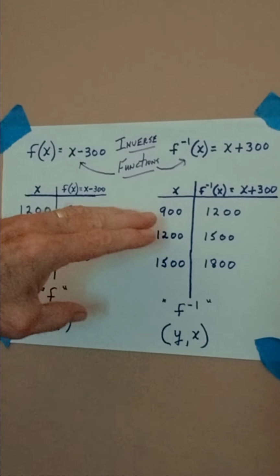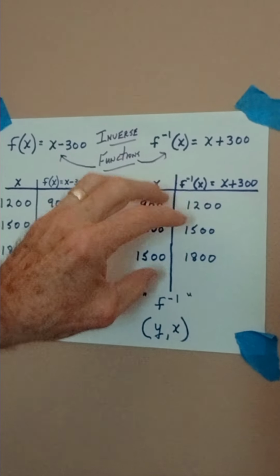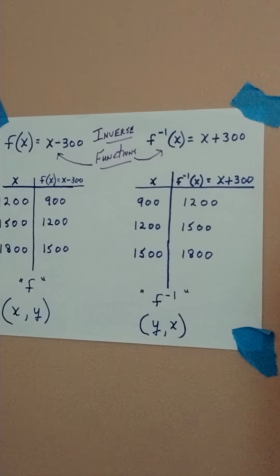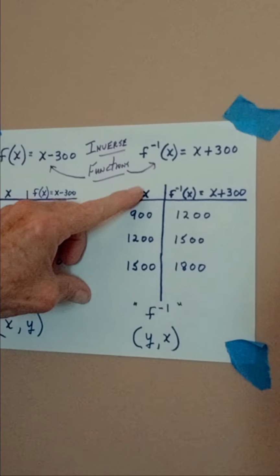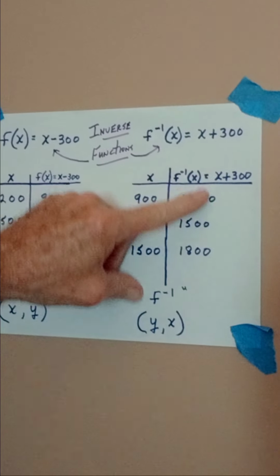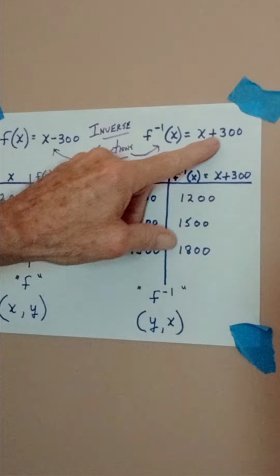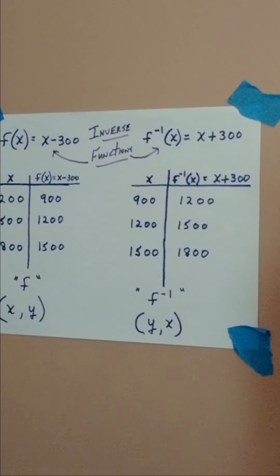Now let's kind of show the undoing a bit. Let's come over to the inverse of f, and we're going to begin with an x column for that function and its inverse function, f inverse of x is equal to x plus 300.